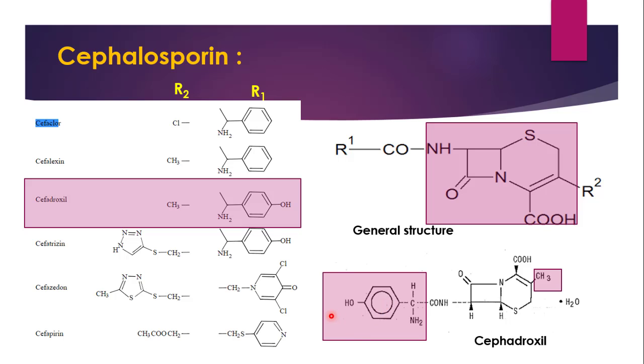This is benzene and this is hydroxy, and since it is attached to this CH2, it is OH ring, and here it is CHNH2, and CONH will continue in the structure. So these are the substituents, and this is called cephadroxyl.